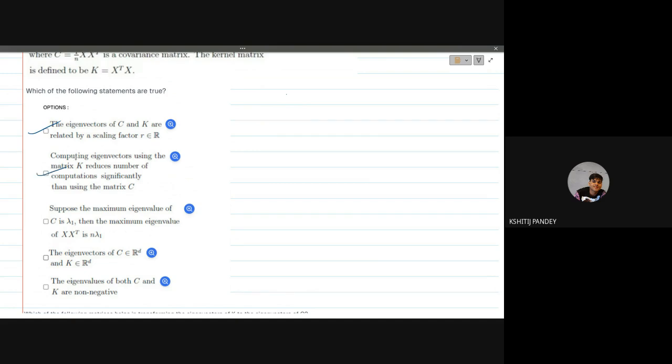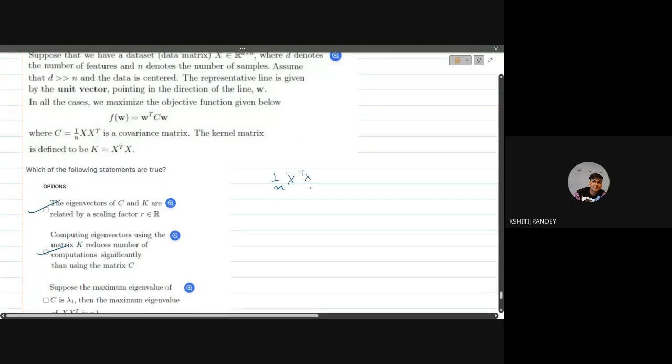This is also correct. The third option is, suppose the maximum eigenvalue of C is lambda 1, then the maximum eigenvalue of X transpose X, or X into X transpose, is n times lambda 1. This is also true, right? Because the covariance matrix, okay, my bad, not this.